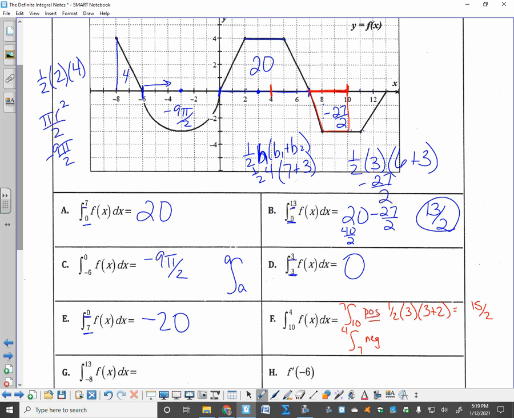And then from 7 to 4. So 1/2. All right, its height, 1, 2, 3, 4. And its base, 1, 2, 3. And its top is a 1, right? Yeah. So 2 times 4, that'd be 8. And it'd be negative.